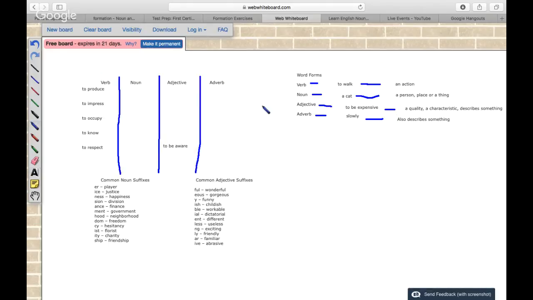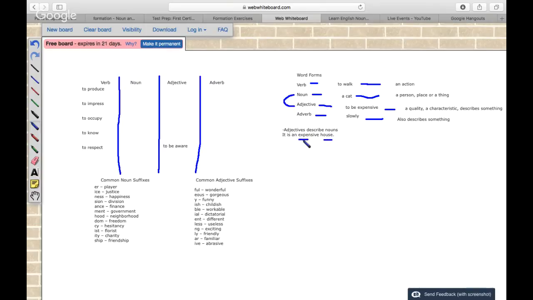Now, something that's important to know is that adjectives describe nouns. For example, house. No, let's say it is an expensive house. So here we have adjective and here we have noun.